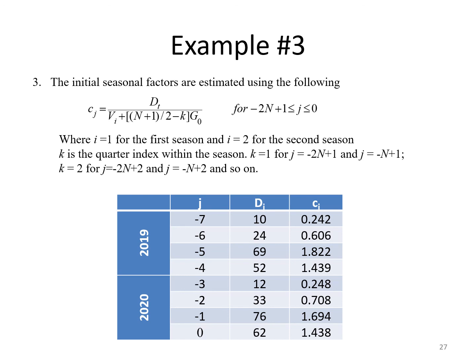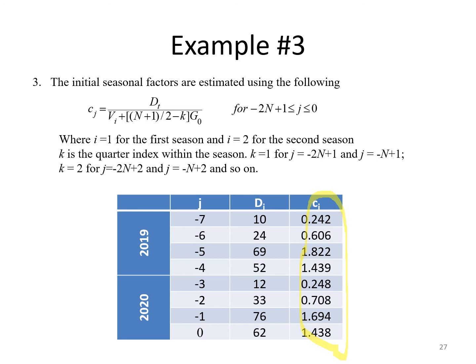Now, based on this formula, these are the calculated C values in the last column of this table. Again, these C values are the seasonality factors that correspond to each period in the historical demand information.